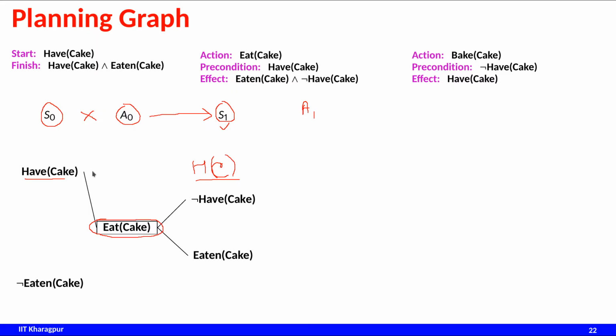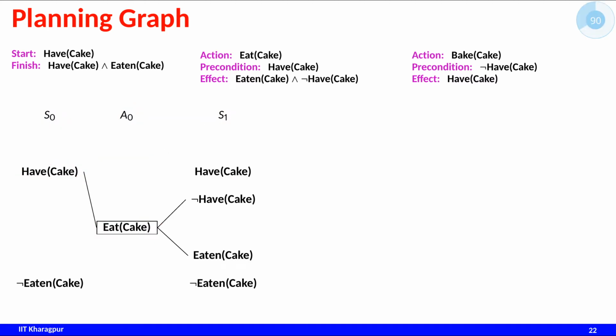So what I need to do is pass on these literals as they are to the next level, and we can do that by making no actions, which is called the persistence action. So whatever was there, it will pass on to the next level as it is, and we represent such an action, called the persistent action, with a simple box.